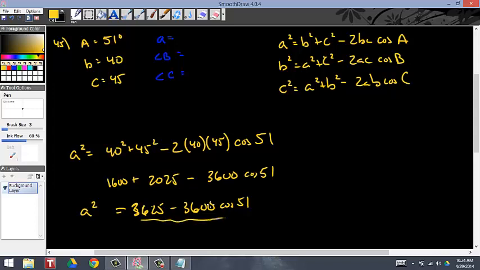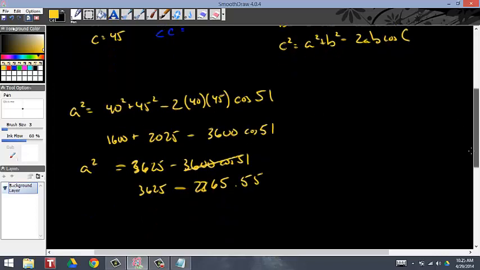They're going to try and combine these two. You can't do that. You have to use order of operations. So you have to do 3600 times cosine 51 first. That is 265.55, and then 3625 minus that answer.